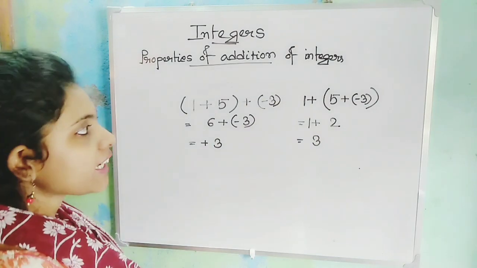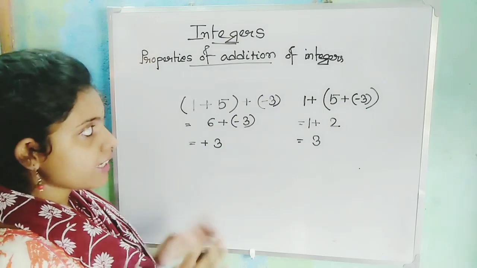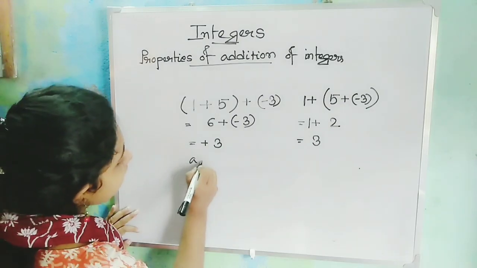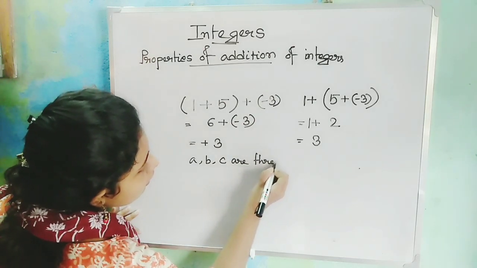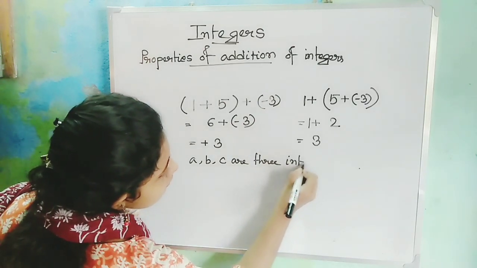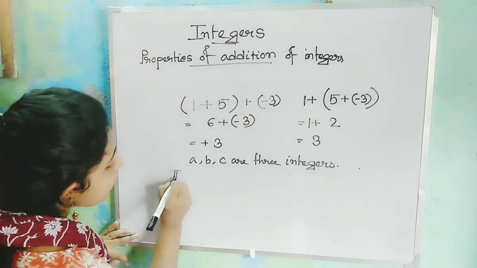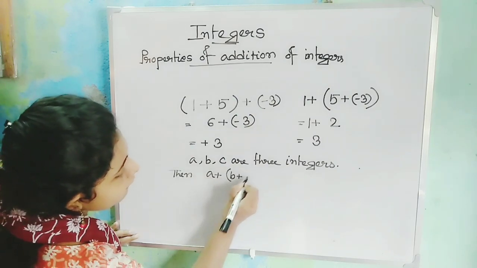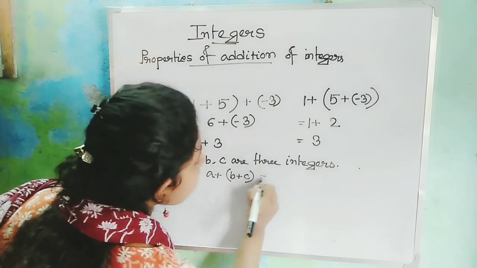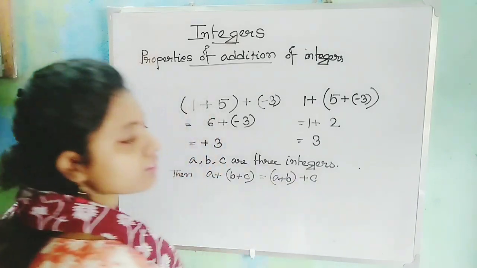So we can say the associative property of integers: if A, B, C are 3 integers, then we can write (A plus B) plus C equals A plus (B plus C).